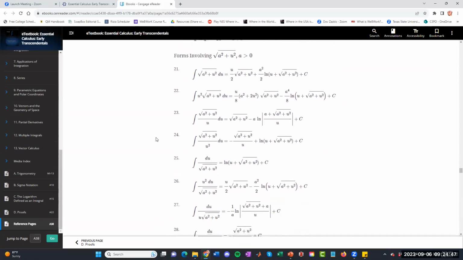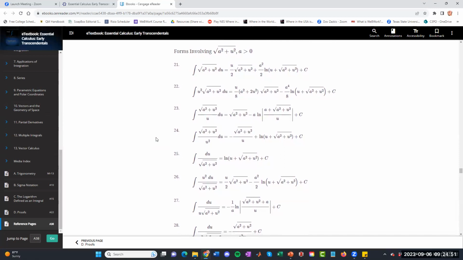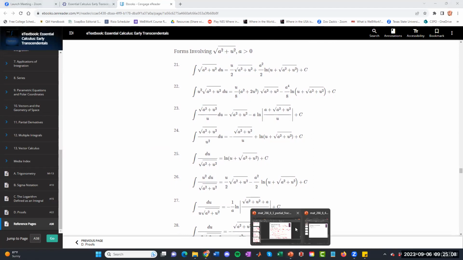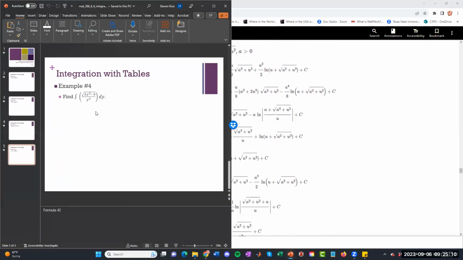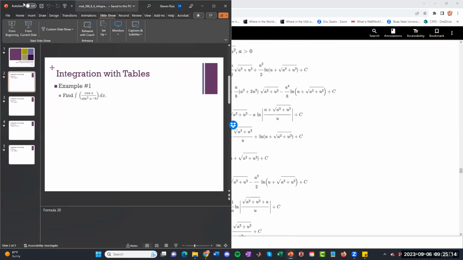Especially after 20, that's what this section is going to train you to do: recognizing what form the integrand has and trying to find the right table to help you deal with it. So I wanted to start off by showing you where all those things are, but now let's look at a few of these. It's actually a pretty short section.